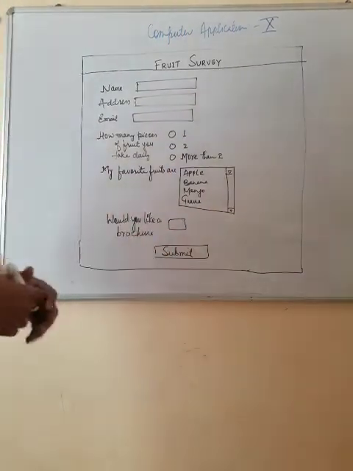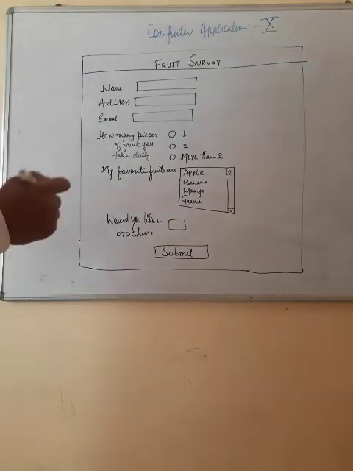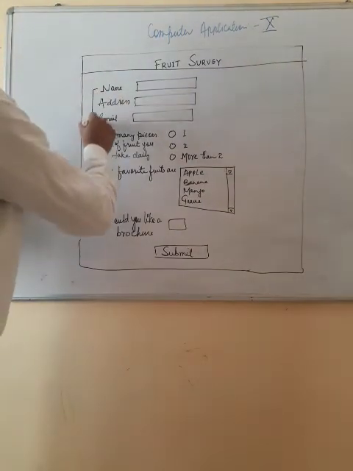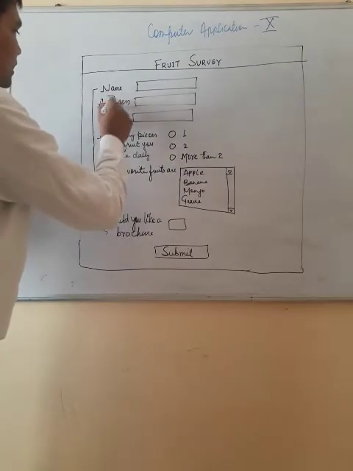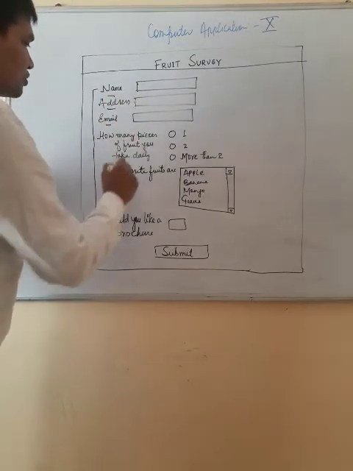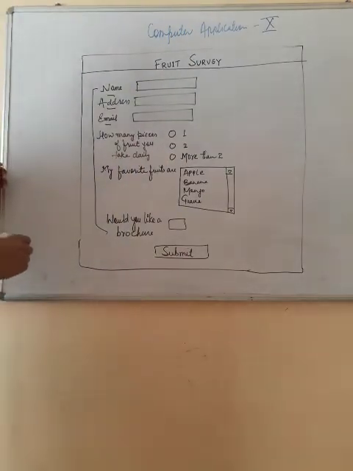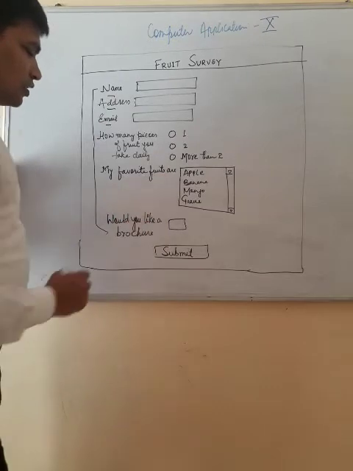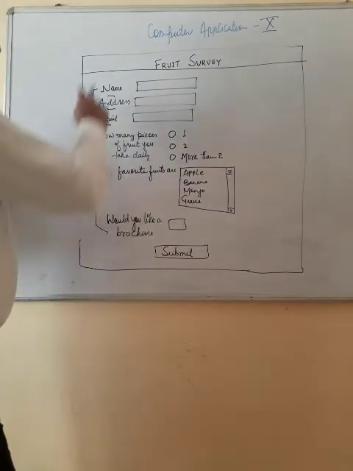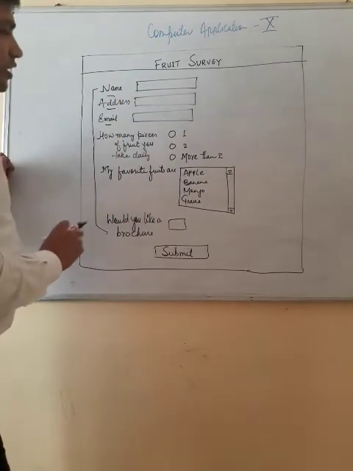You can see here, students, there is a name, address, email address, how many pieces of fruit do you like, favorite fruits, and would you like a voucher, and these things are written in a form.